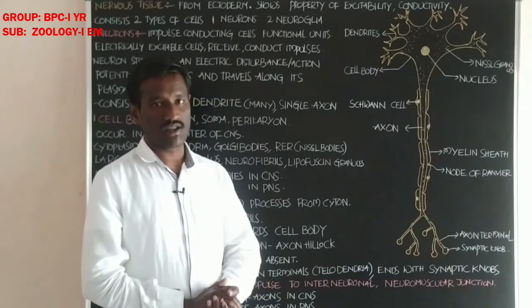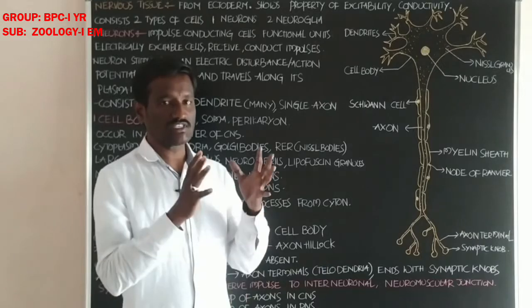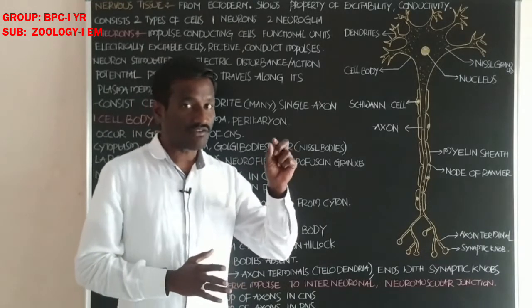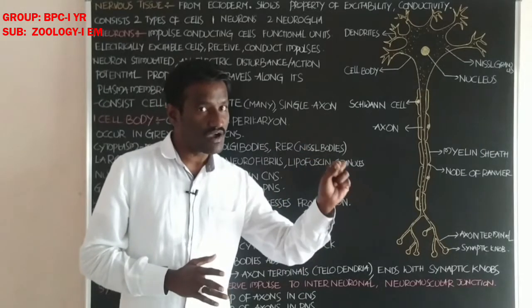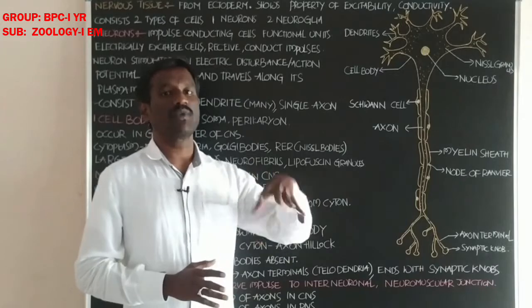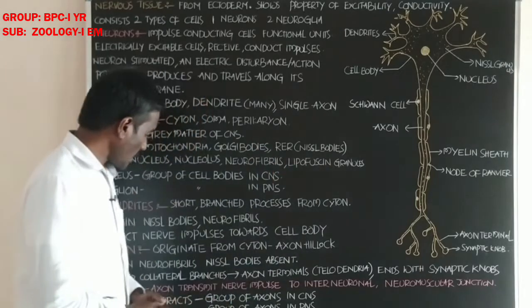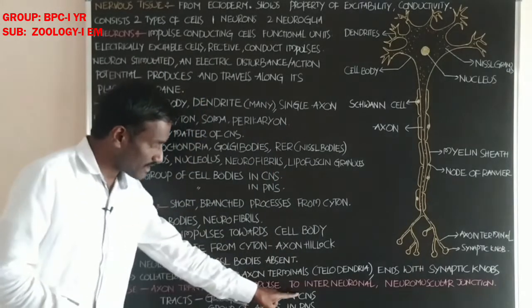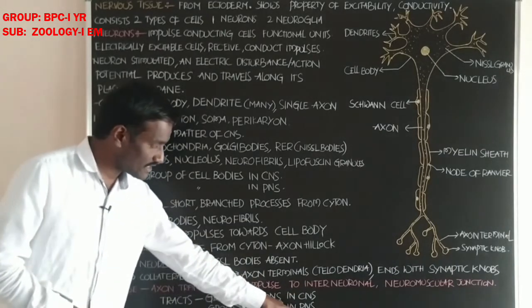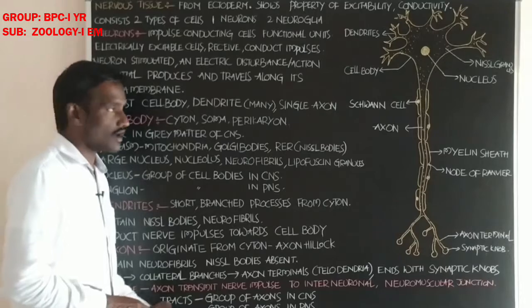The cranial nerves and the spinal nerves together are called the peripheral nervous system. A group of axons in the central nervous system is called tracts, and in the peripheral nervous system it is called nerves.